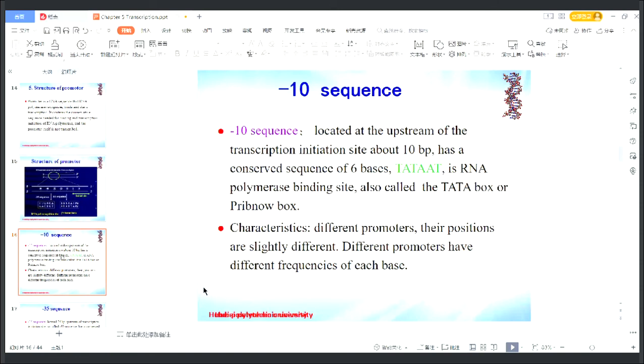This conservative sequence was found by Pribnow, so we call it Pribnow's box. So 3 names. It is always buried in the promoter sequence, one of the conservative sequences. Okay.